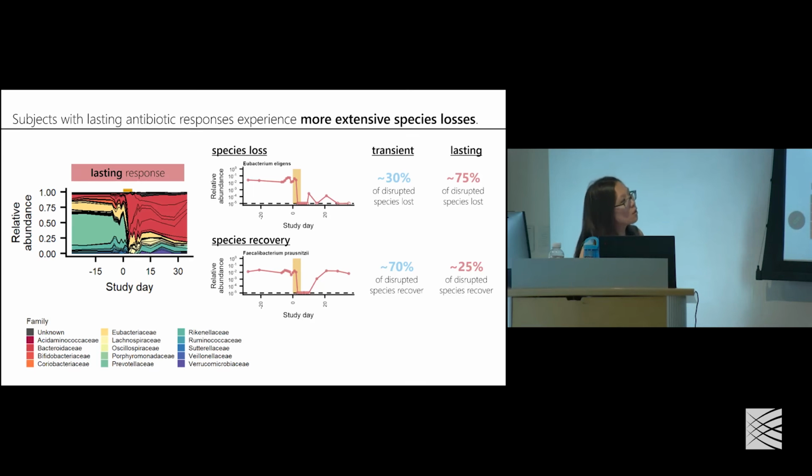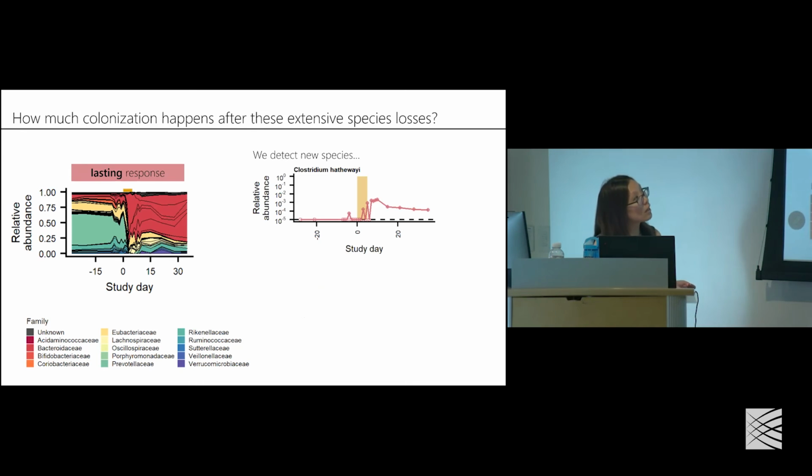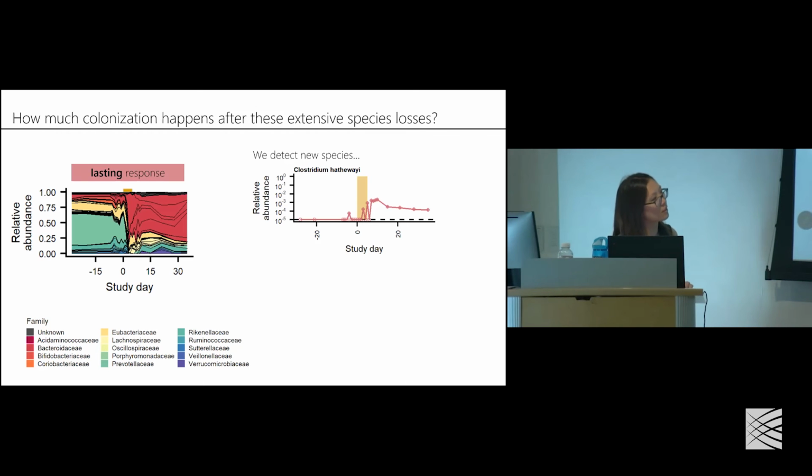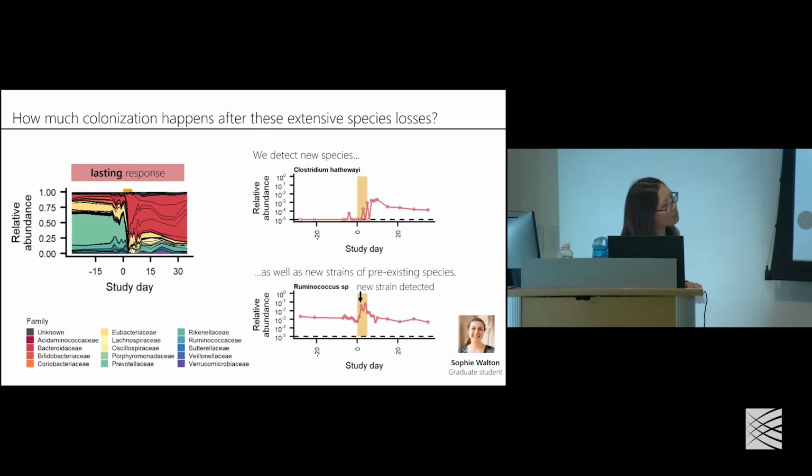Okay, and so what you might be wondering then is, after these very extensive species losses, do we see additional colonization? Is it the case that new microbes that are coming in are driving this major community shift away from this pre-antibiotic composition? And so we looked for new colonizers within these subjects, and we were able to identify the colonization of new species, which is what you're seeing here, as well as the colonization of new strains of pre-existing species.